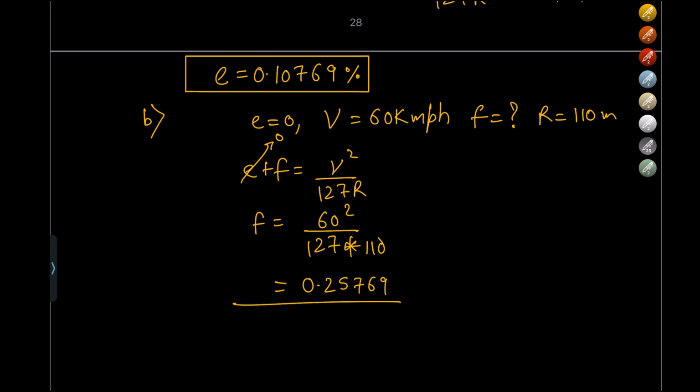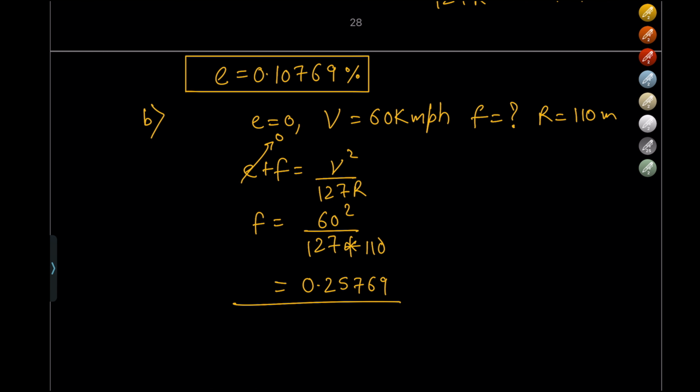In the previous lectures we have discussed that the value of lateral friction available for curves is limited to 0.15. Although more friction can be developed, for safety reasons the maximum value of F allowed on a horizontal curve is limited to 0.15, hence friction more than that is not taken.